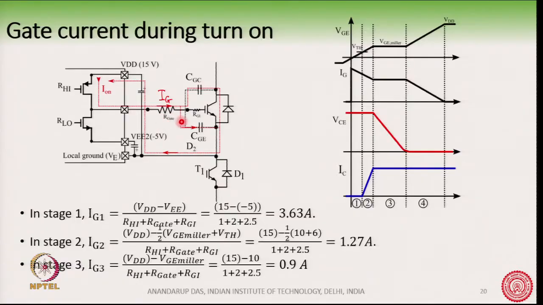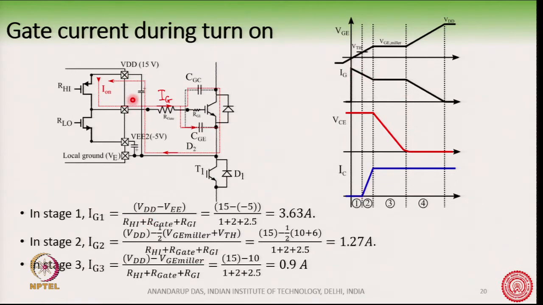So, this gate resistance R gate is an element which has a profound effect in controlling the losses. Of course, then we have CGE and CGC, and the circuit is completed here. Then we can find out approximately what the gate current IG1 is at stage 1.